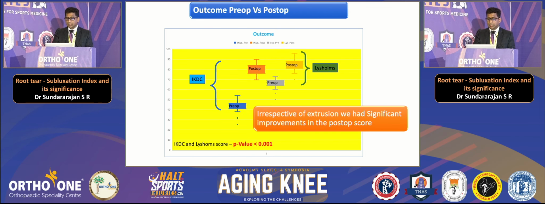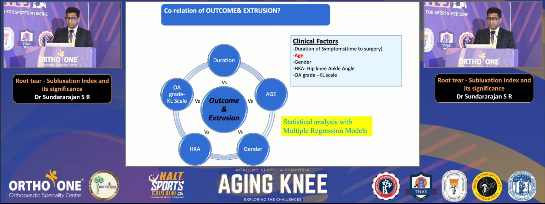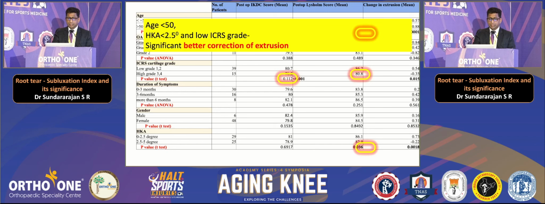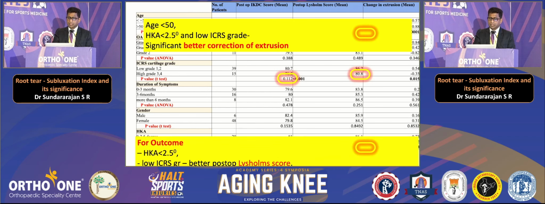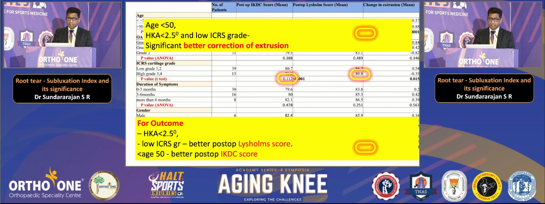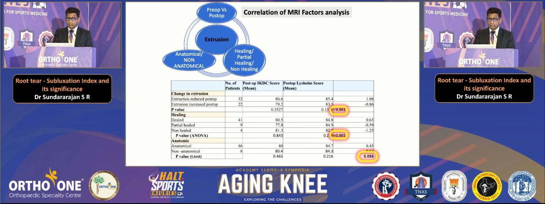When we correlate other factors like duration and age, patients less than 50 years, with alignment error less than 2.5 degrees and ICRS grade 1 and 2, definitely had better correction of the extrusion, and these patients had better scores than the other group.